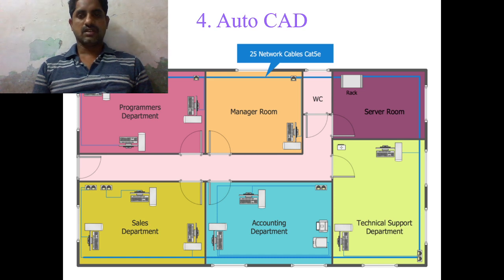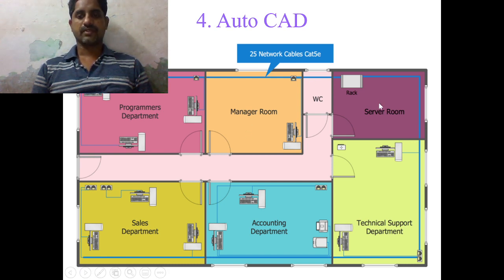So these are examples of AutoCAD. See here, we are designing one representation, a building with different departments: programmer department, manager, server, technical support, accounting department, sales department. Using AutoCAD systems we can implement this, that is computer aided design.